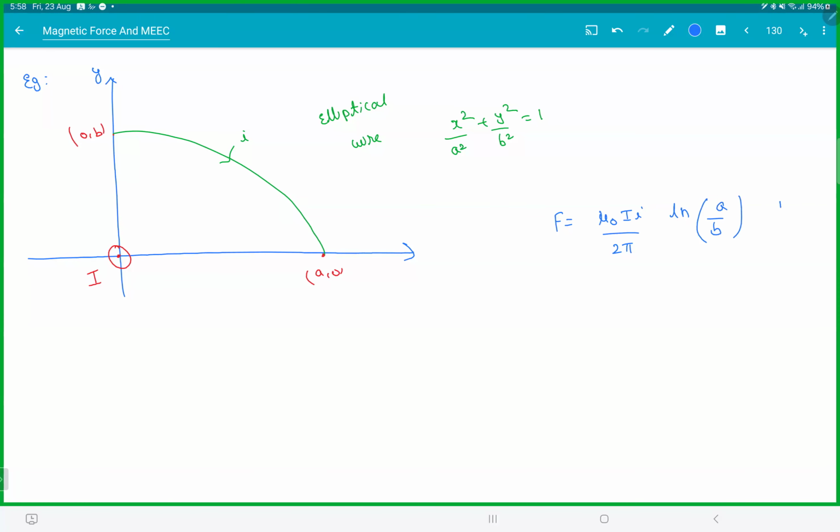This will be k cap, because due to this, the field is this way, current is this way, I cross B is out of the plane. Previous page, I'll show you. There. Meaning the answer comes out pretty neat for an elliptical wire. I could have taken any wire from here to here, the answer would be the same.